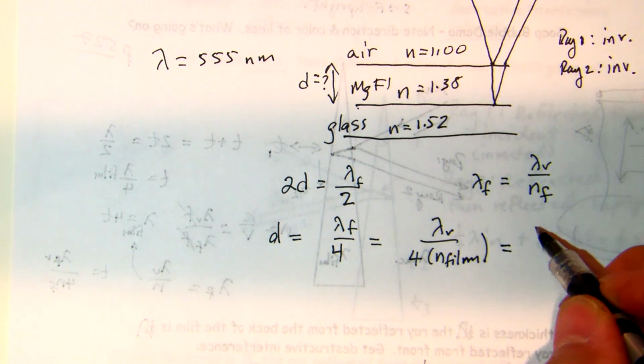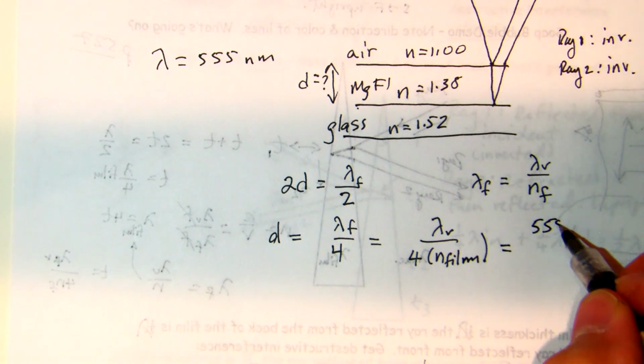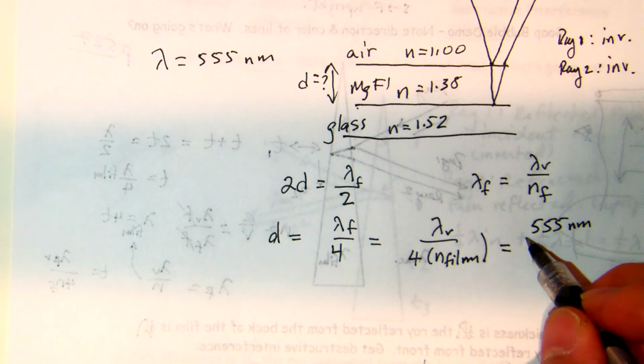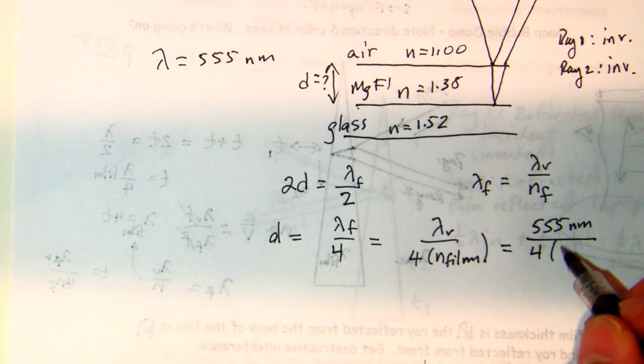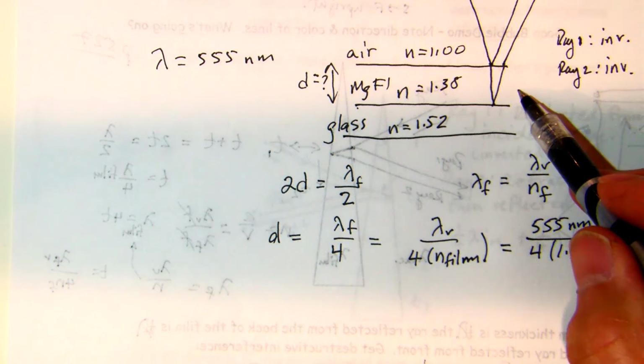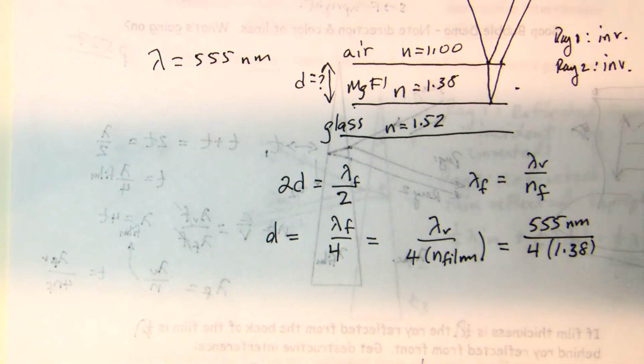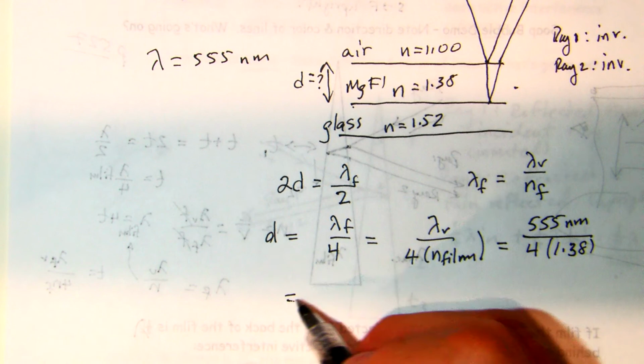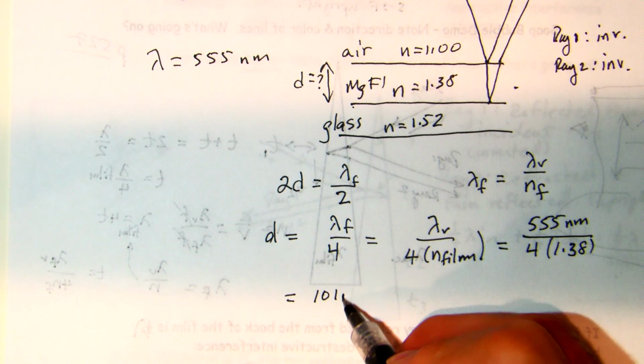And that equals, we were told we don't want to see 555 nanometers, over 4 times 1.38, which is the n for the film. You do this calculation and you get 101.5 nanometers.